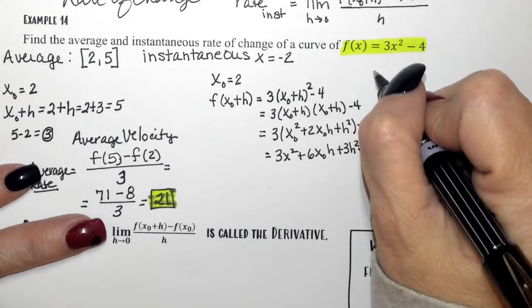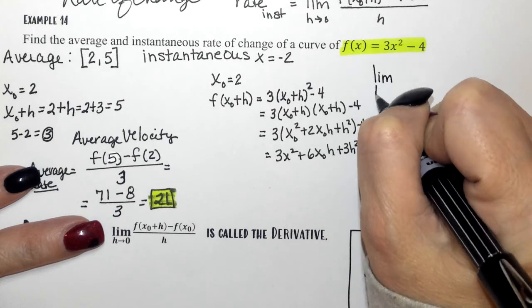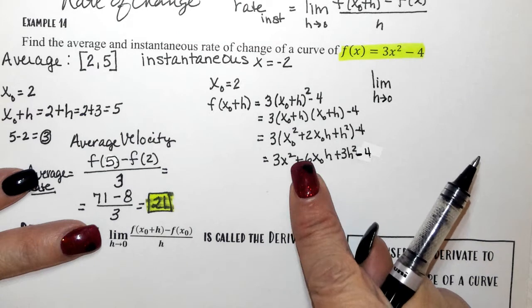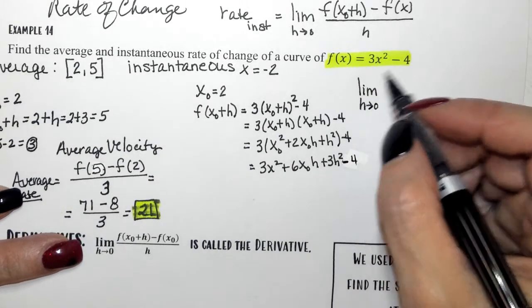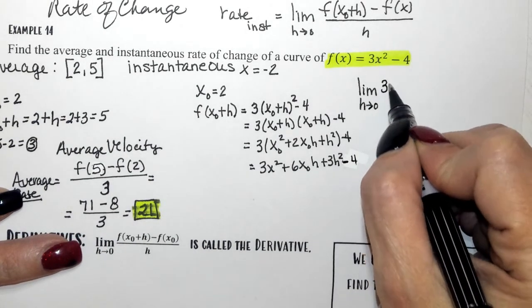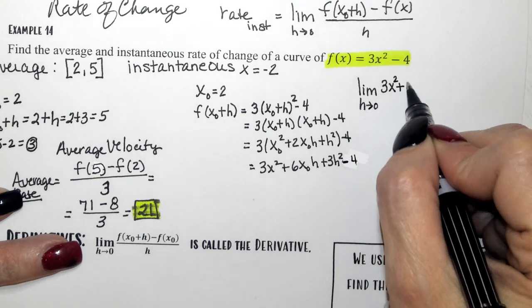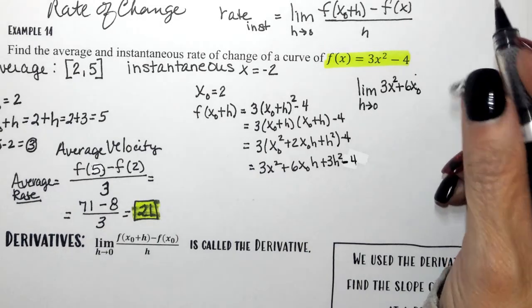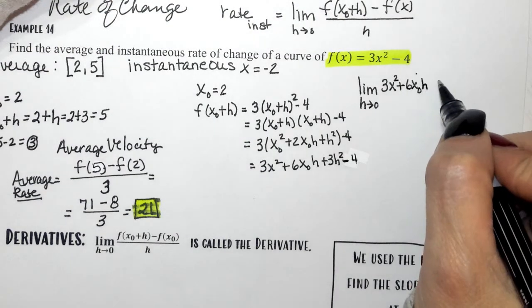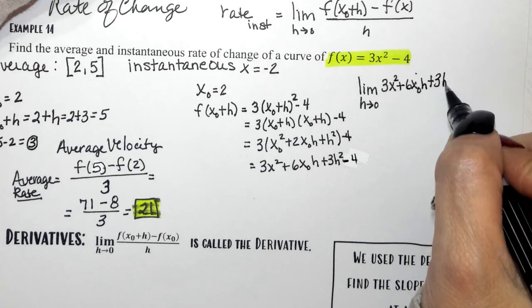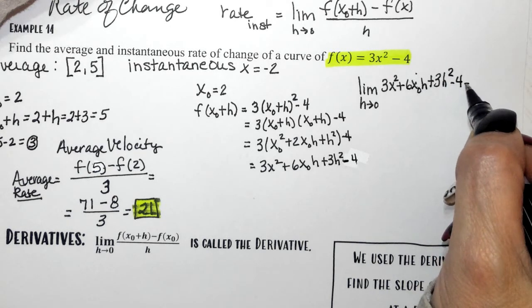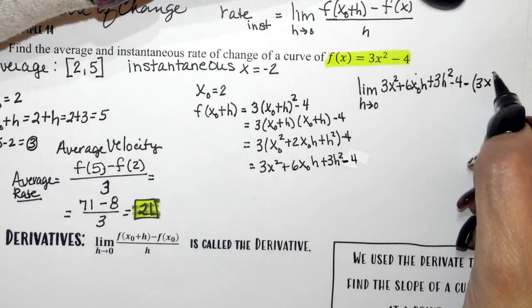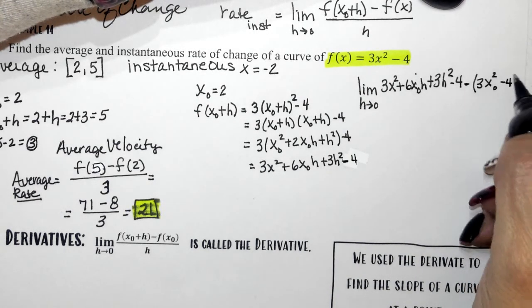Okay, so let's do the limit as h approaches 0, and we need to do f of x naught plus h. So we're going to do 3x naught squared plus 6x naught h plus 3h squared minus 4, minus f of x naught, which is 3x naught squared minus 4, all over h. I keep always trying to put those at the top.